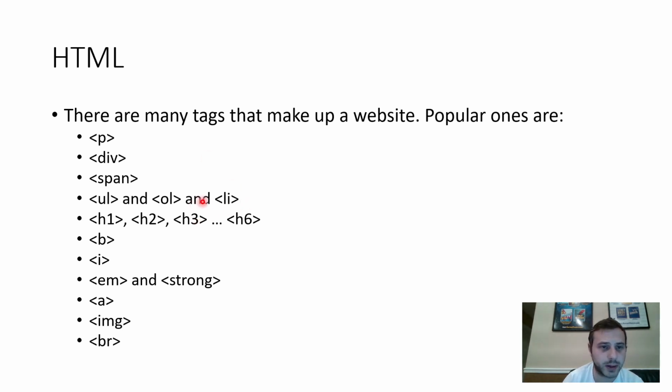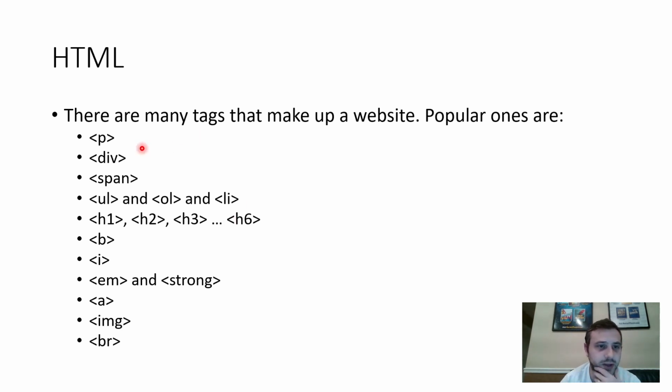LI, this is a list item, and the LI tag goes within the UL or the OL tags. And what this does is it tells the web page that you have an item within that list. So you can have a list item that's a list of people or places or whatever.